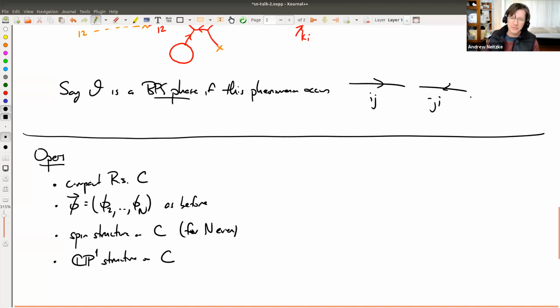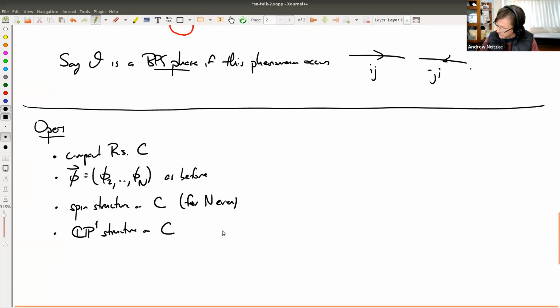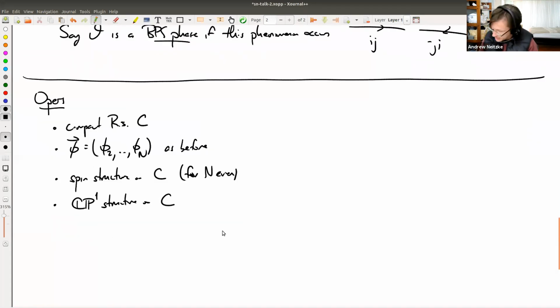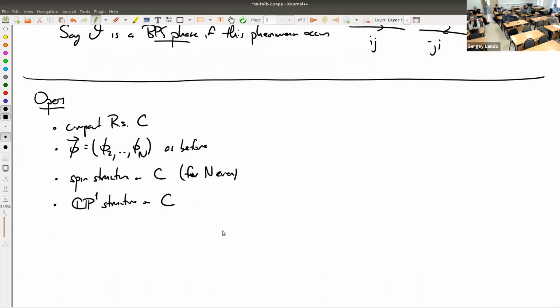Like, for example, if my surface is CP1, I'll just take the usual coordinate charts on CP1. Okay, so now, given this data. Repeat, please, what does it mean, CP1 structure?